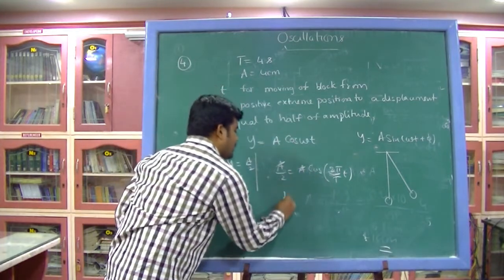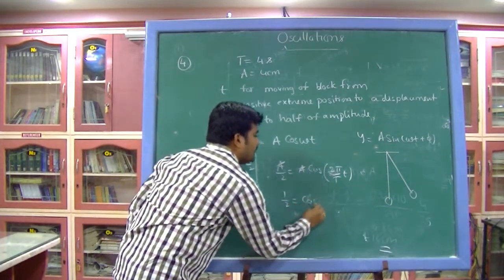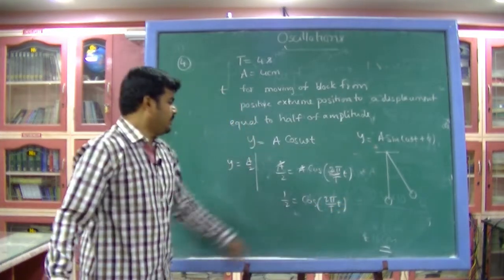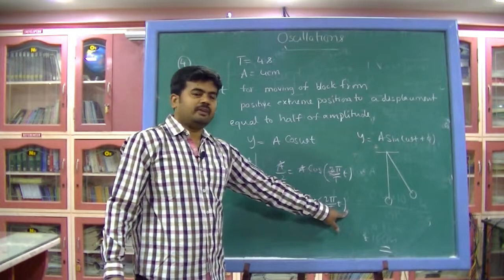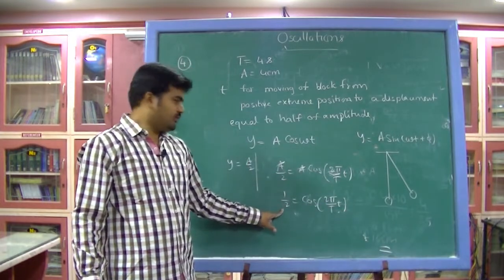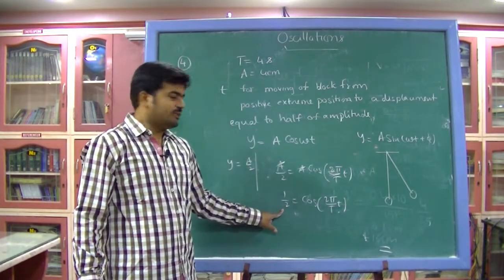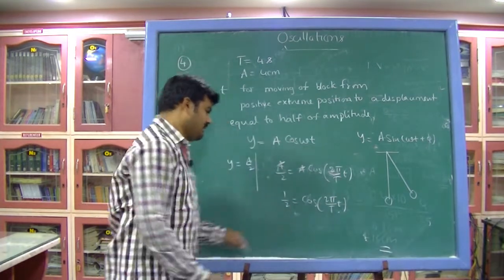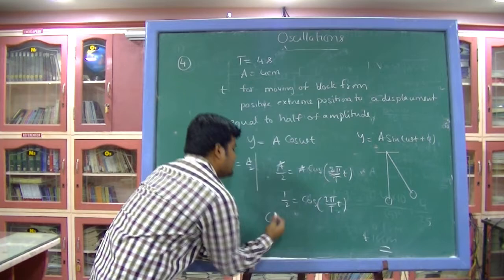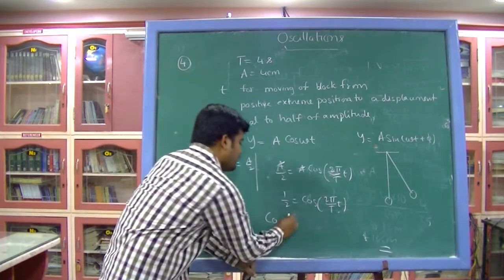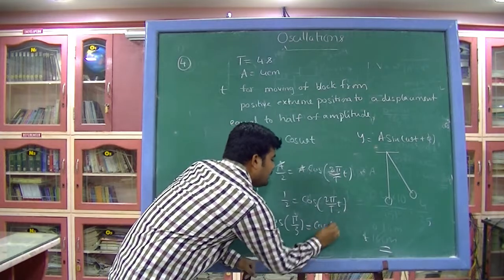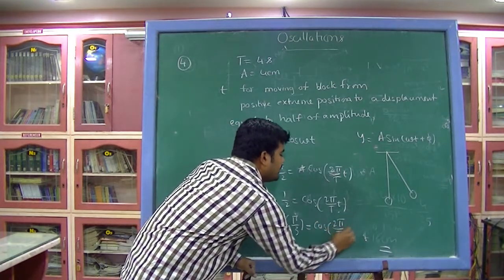So 1 by 2 is equal to cos of 2 pi by capital T into small t. For the value 60 degrees, cos value is 1 by 2. So I can write this as cos of 60 degrees, nothing but pi by 3 radians.